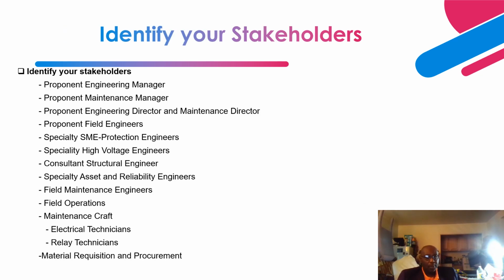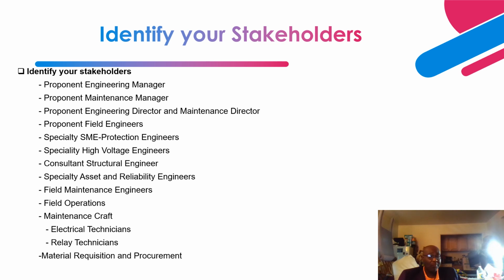Next, it's identifying your stakeholders. Your stakeholders stem from your upper management, all the way from your VP, your directors, your engineering managers, your discipline engineers, and all the component engineers, and also your operation and maintenance staff.